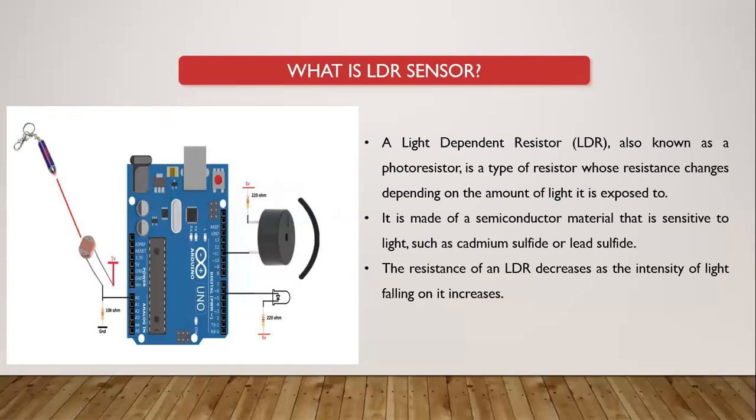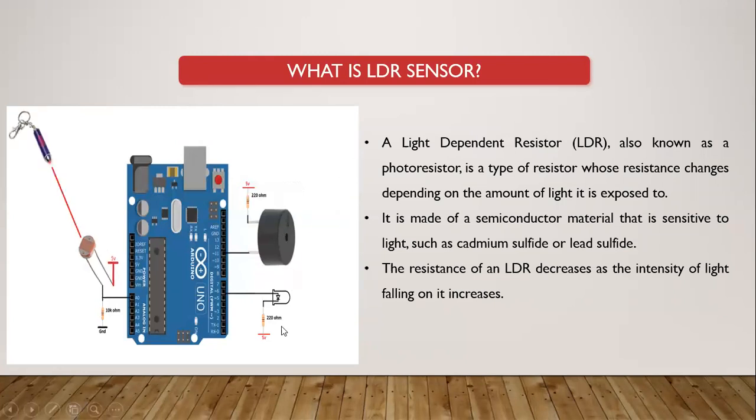And here you can observe, I'm showing a picture of your LDR sensor. As light falls on the LDR sensor, when there is more light, there won't be any buzzer sound. If the light is decreasing, if there is darkness, then the buzzer will make sound.